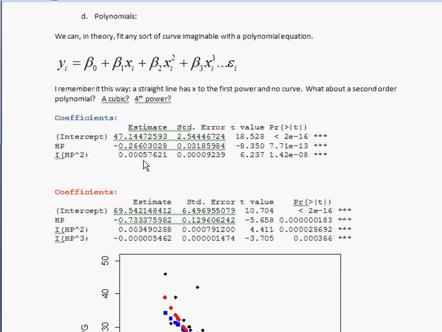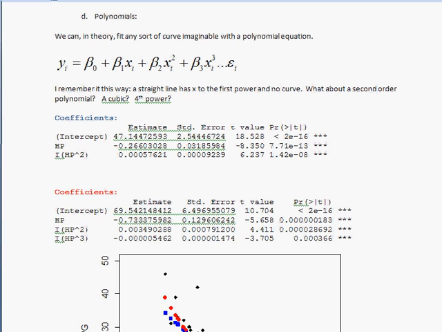And those are the numbers that'll go in that equation there. And of course we can fill those in, plug in a horsepower, and then calculate a prediction. Wouldn't be too tough to do. But let's graph it and see some problems with doing this, and then try to show you how you can interpret these. It's a little more difficult.